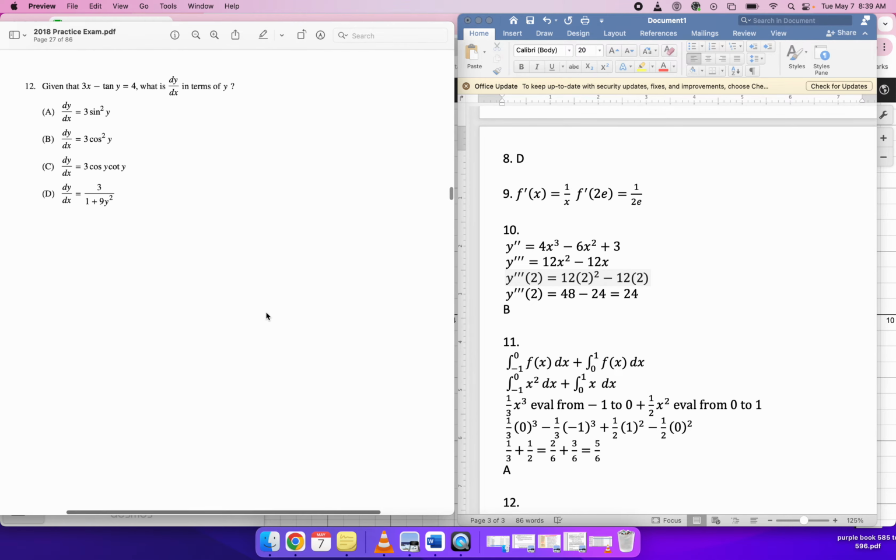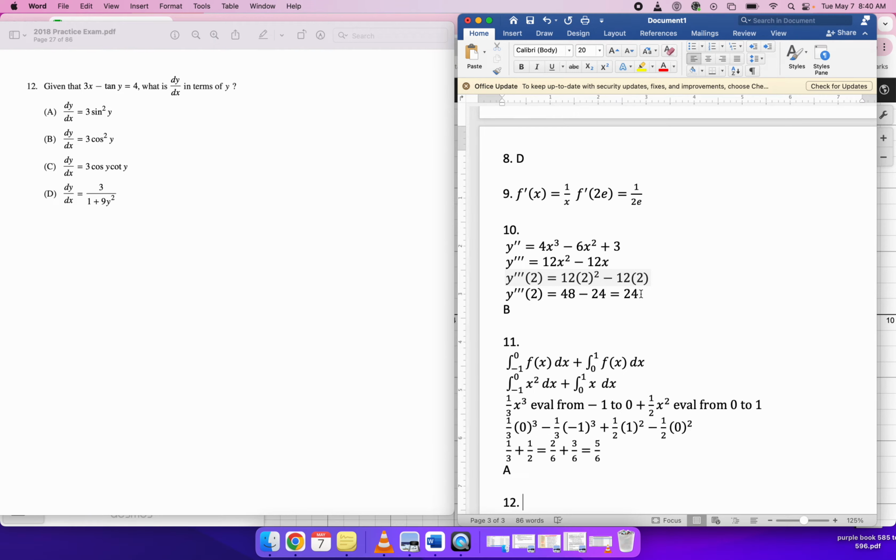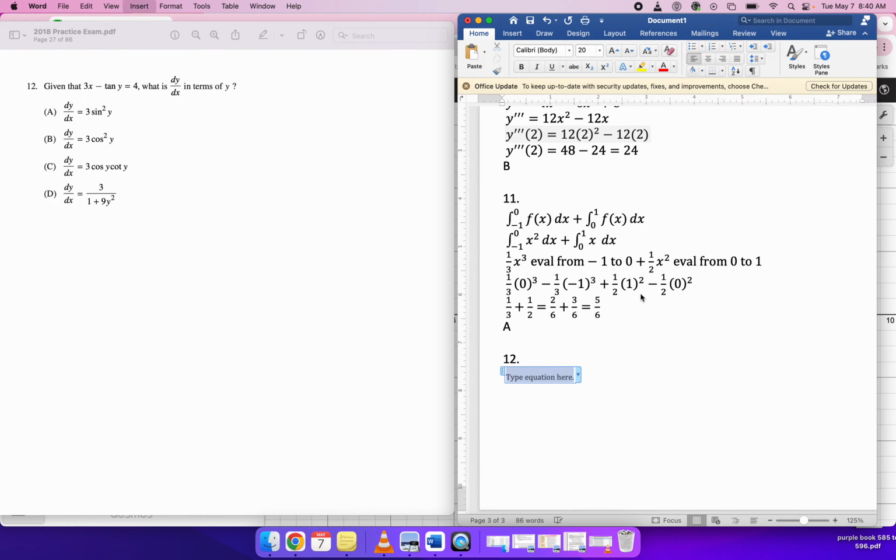12. Given that blah, blah, blah, what is dy dx? This is just implicit differentiation. So take the derivative of both sides, being careful to remember that y is a function of x. So the derivative of the left-hand side is 3 minus secant squared y times y prime, equals the derivative of 4, which is 0. Now I just need to solve for y prime.